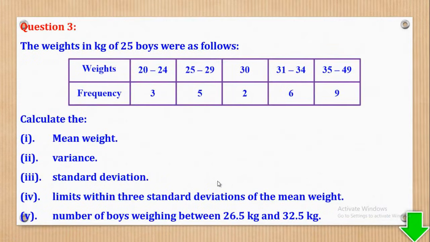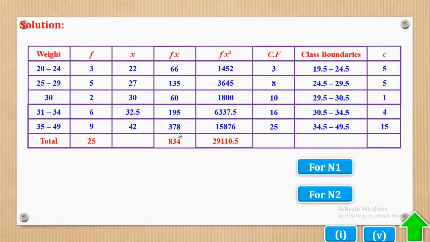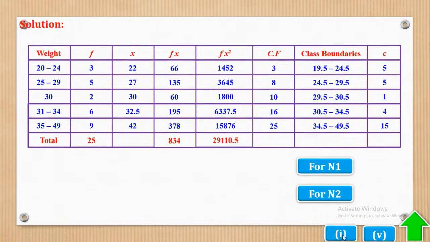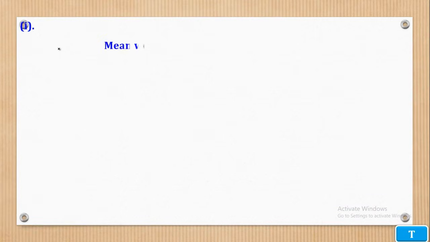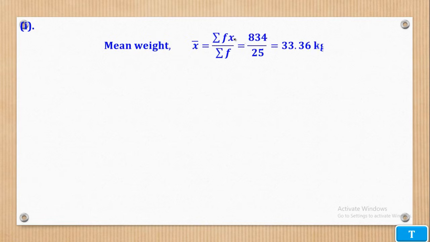So Roman 1, they wanted the mean weight. So for mean weight, we need the summation of fx and the summation of f. So you come here and write the formula for mean, substitute, and get the value. So that was Roman 1.